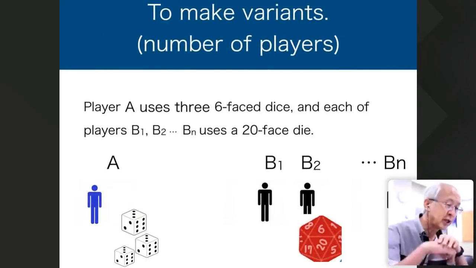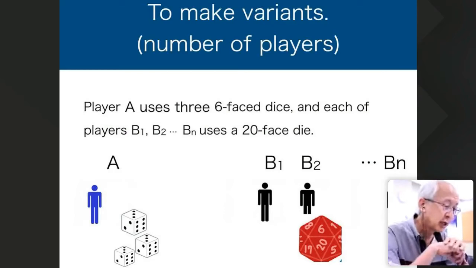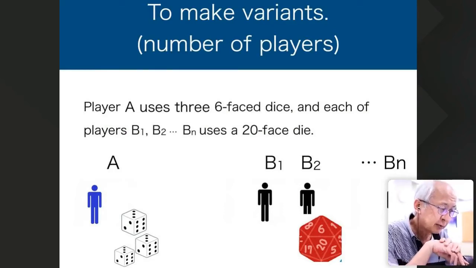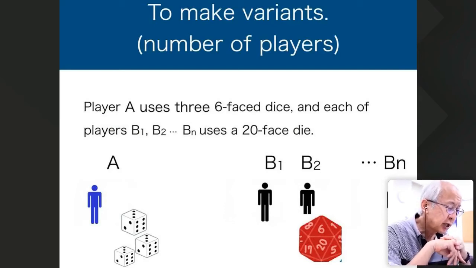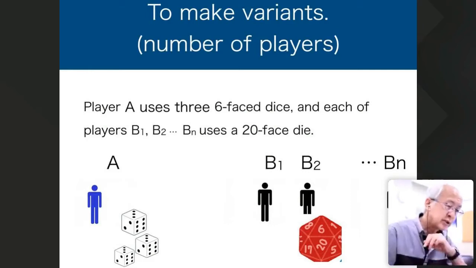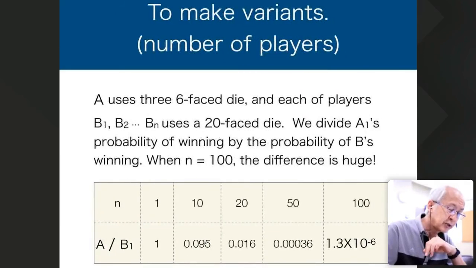And the same thing can be said about this case: there are many players B1, B2, up to BN who use 20-face dice, and player A has 3 six-face dice. These are calculations.